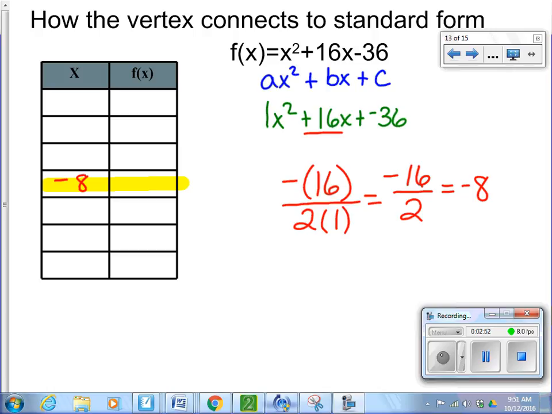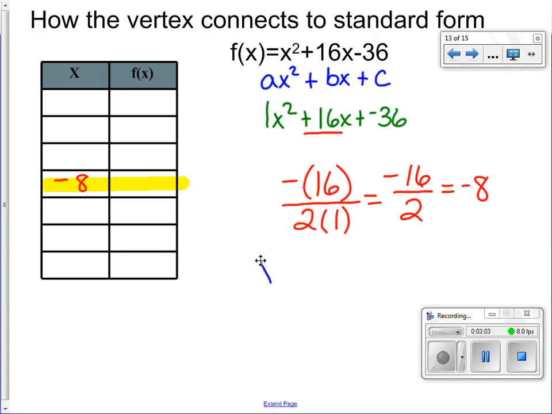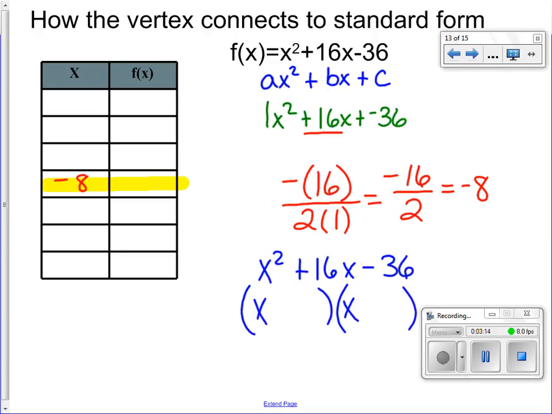So that means if we were to write this in factored form, then x squared plus 16x minus 36 would factor into, well, I know I'm going to have x's at the beginning, so two factors that multiply to negative 36 and add to 16.